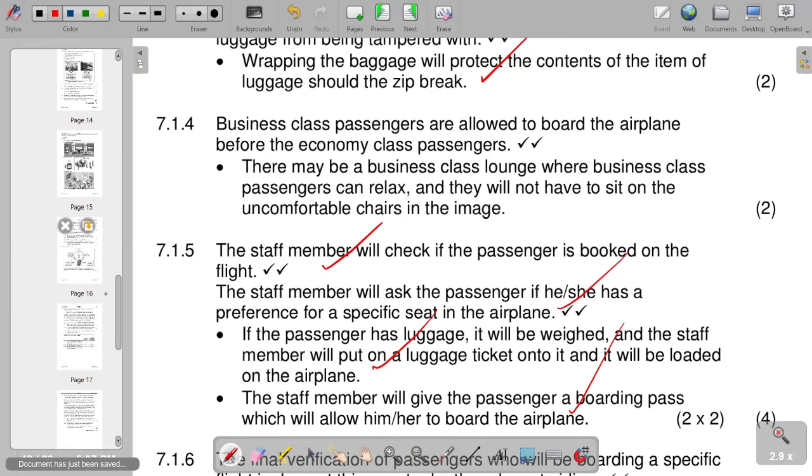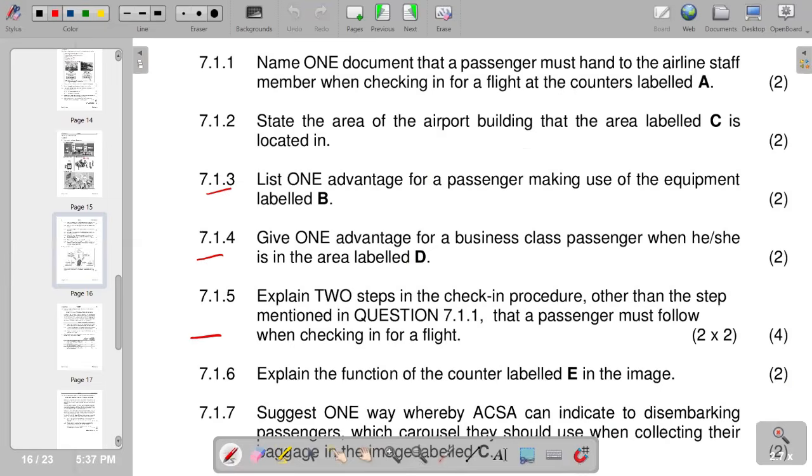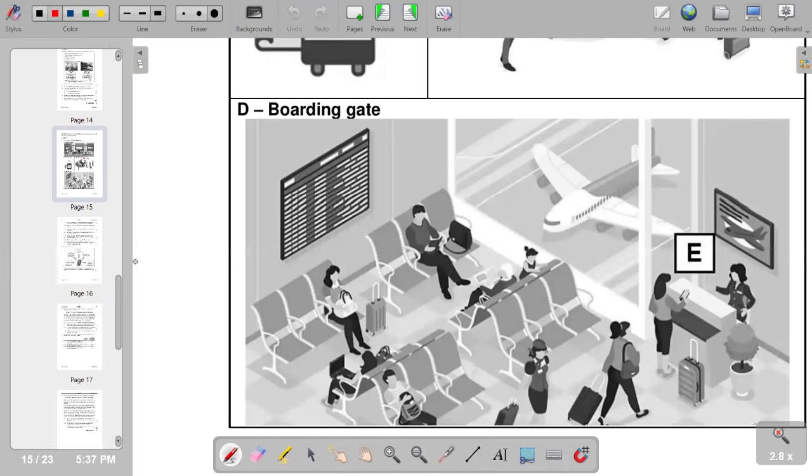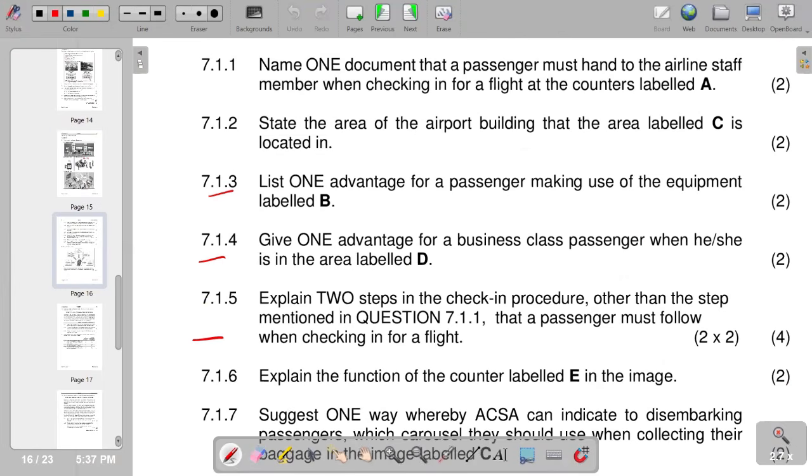Moving on to the next part, 7.1.6, explain the function of the counter labeled E in the image. Labeled E, you see we have a counter on this part. The question requires us to explain the function of that counter.